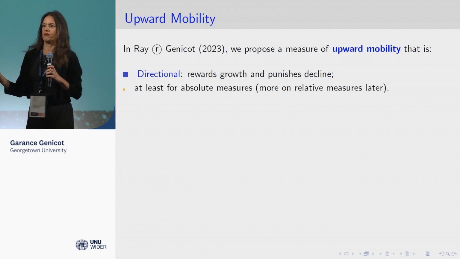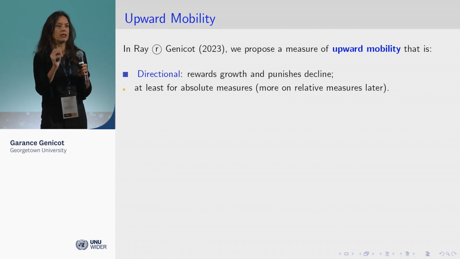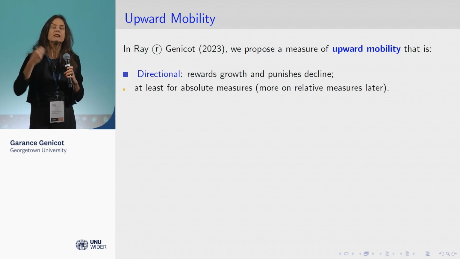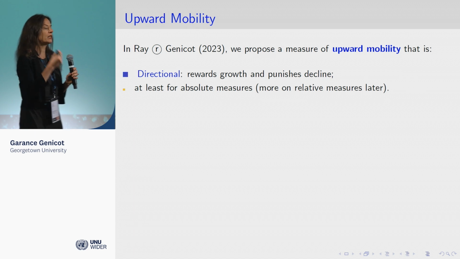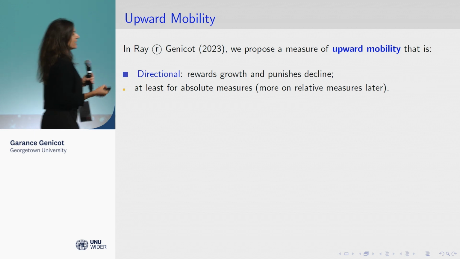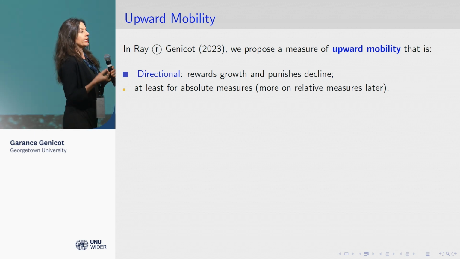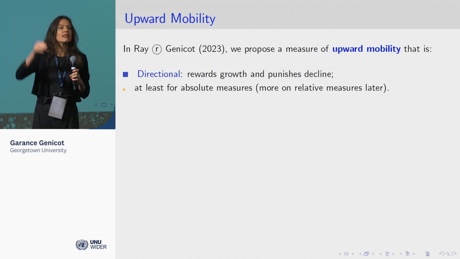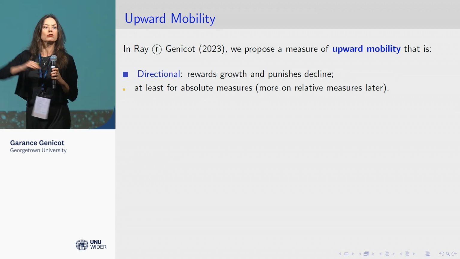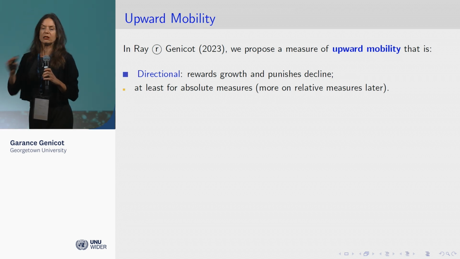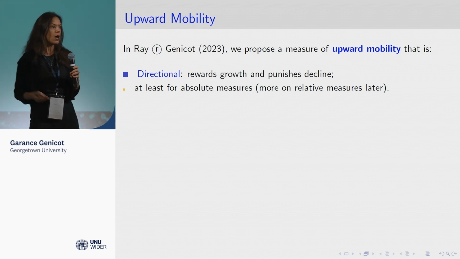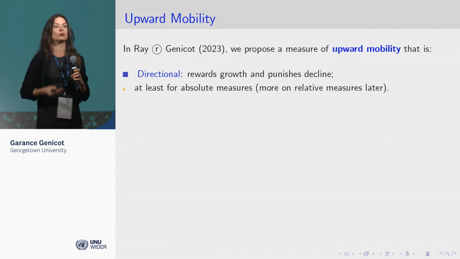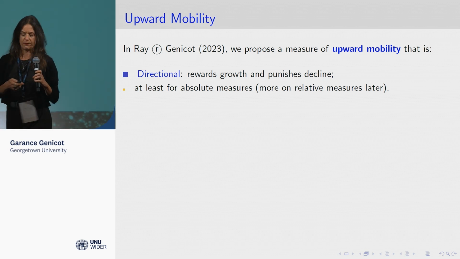There are many measures of mobility out there, and essentially what you want is a measure that captures what you mean, and we did not find what we meant. We wanted a measure that would be directional, okay? That is, going up is better, going down is worse. And we are going to call it upward mobility, not because we're only looking at movement up, but because we want it to contribute positively when it goes up and negatively when it goes down.